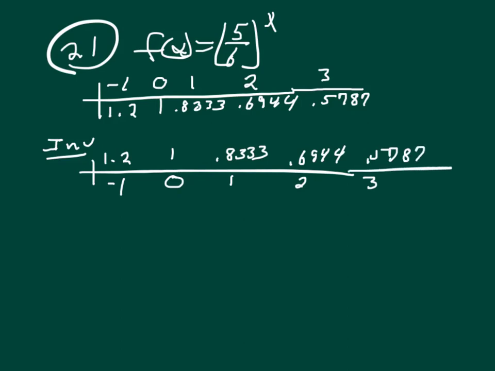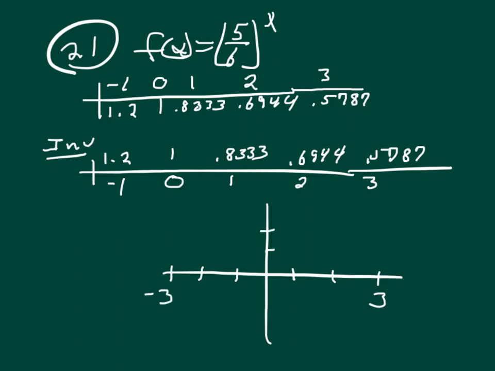Alrighty, now let's go ahead and graph them both. We're going to just graph them on the same coordinate plane. So we need to go 1, 2, and 3, and 1, 2, and negative 3 down there.